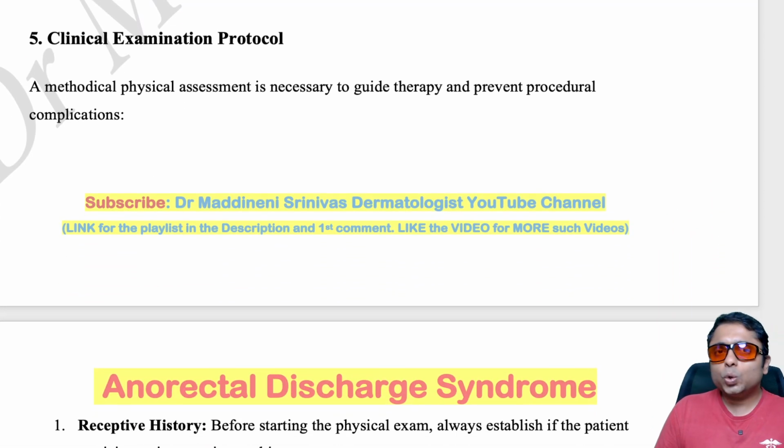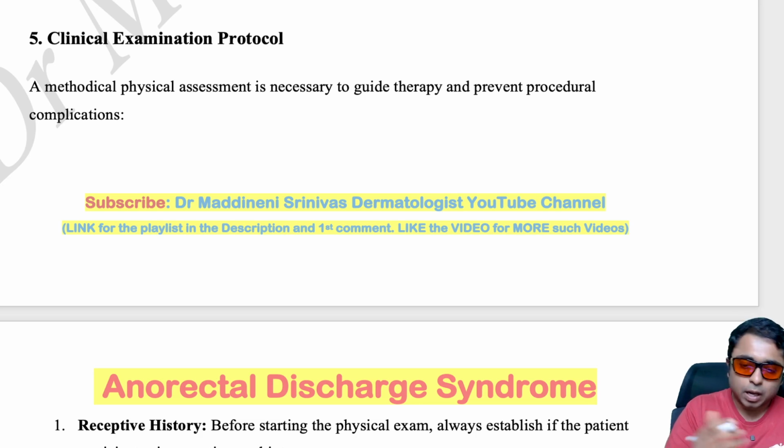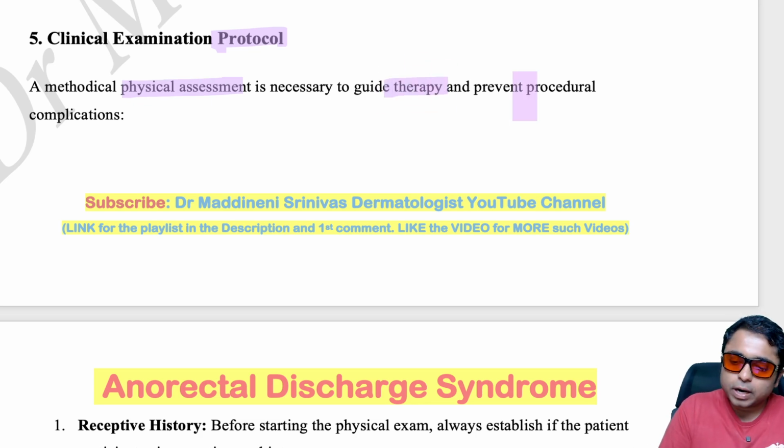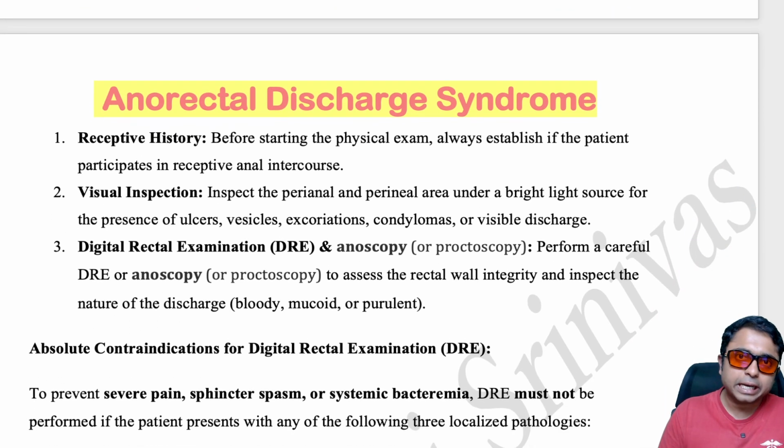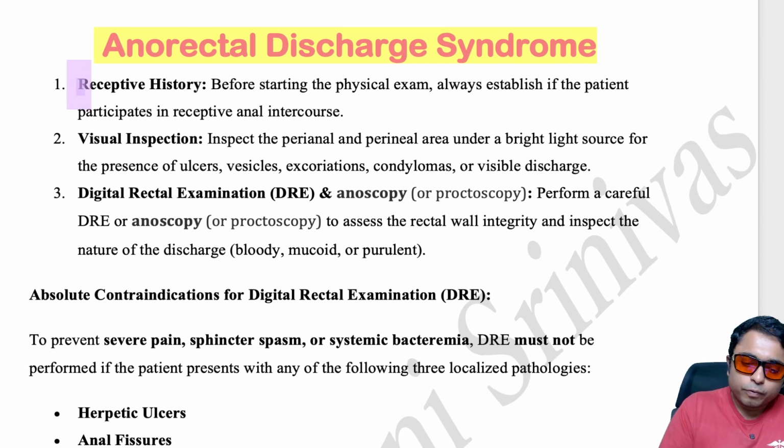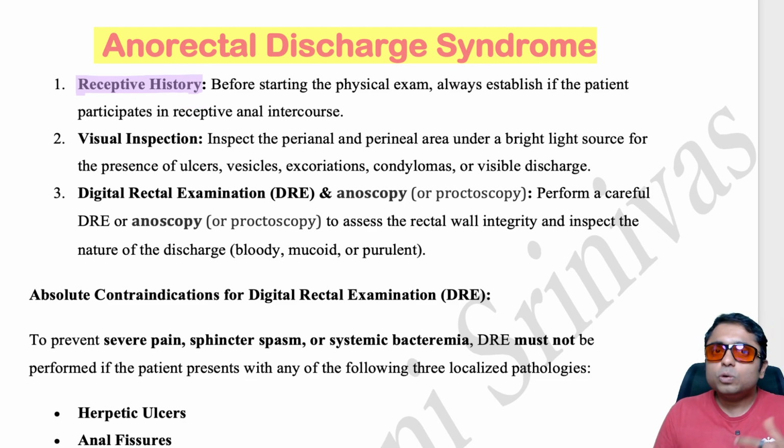Next, you need to know in whom we can do the examination safely and in whom we should not do the examination. So this protocol you need to know. A methodical physical assessment is very necessary to guide therapy, what treatment we have to give, and also to prevent the procedural complications which could occur because of our intervention, that is iatrogenic damage. So we should be asking about the receptive history.